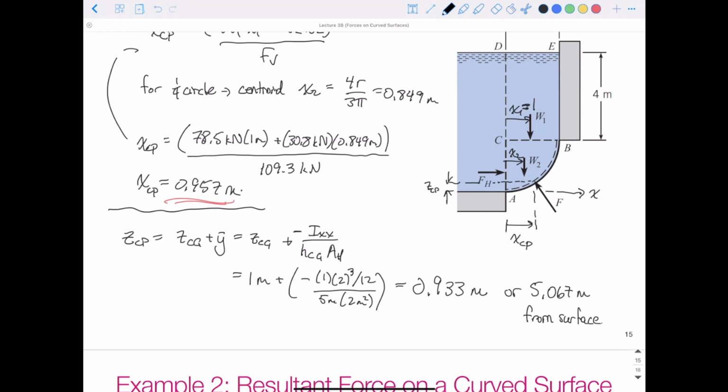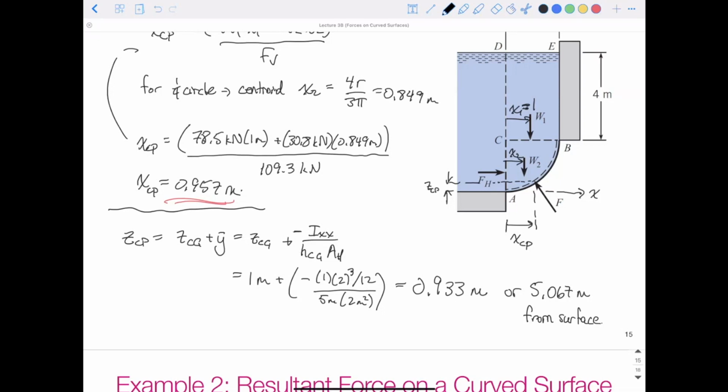So if we were to now try to solve, like our other problems, the reaction forces of the supports, maybe at A and B, we would be using these distances, XCP and ZCP, for calculating those moments of where that force is acting. It may not necessarily, for doing this analysis, be acting actually on the surface.